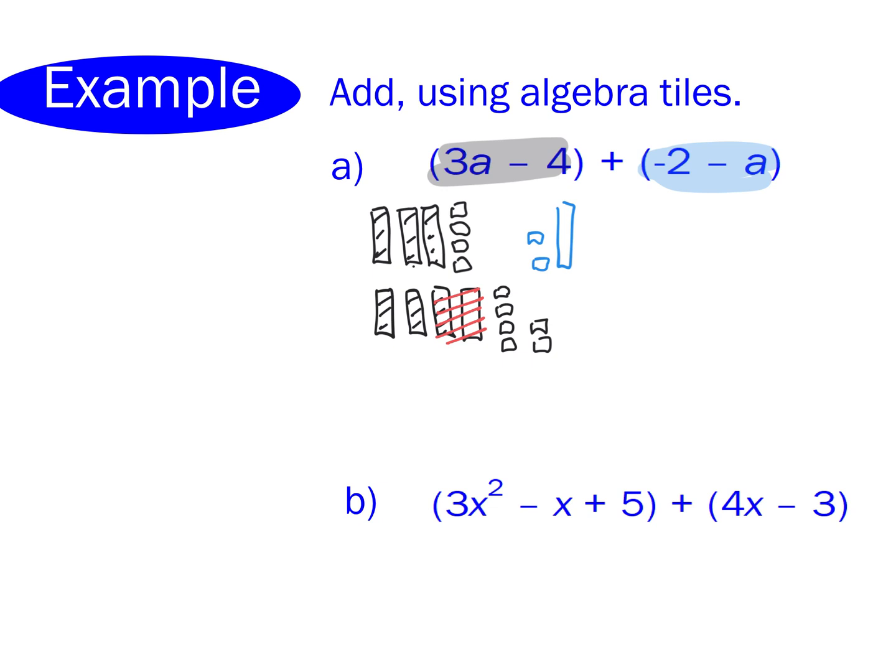Can we make any 0 pairs with the little squares? We cannot. So when we make our 1 0 pair, that leaves us with 2 shaded rectangles along with 6 shaded little squares.